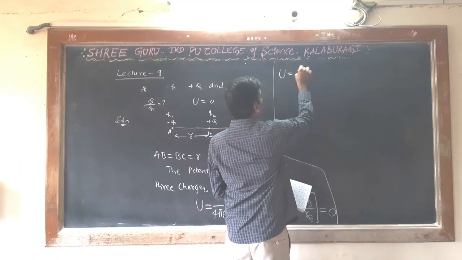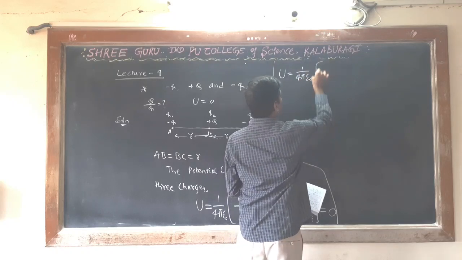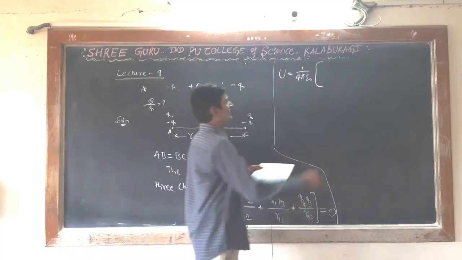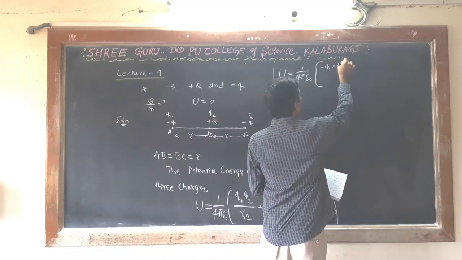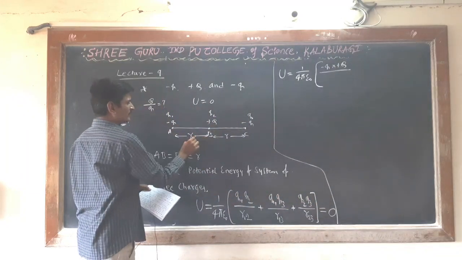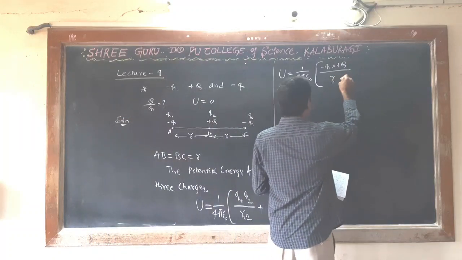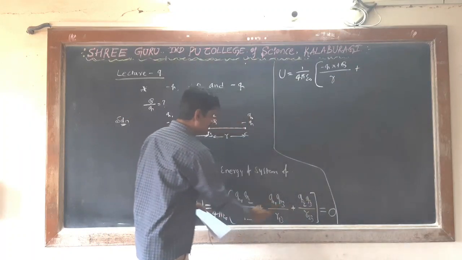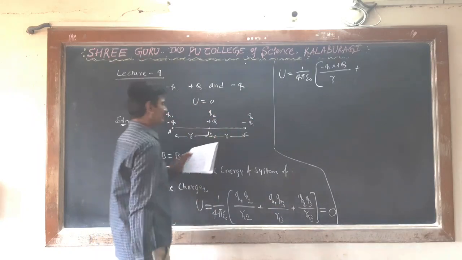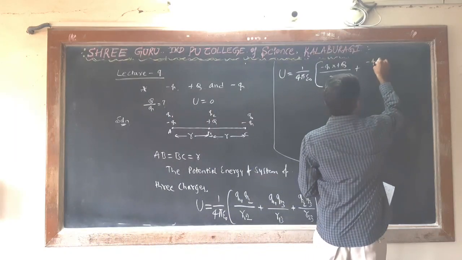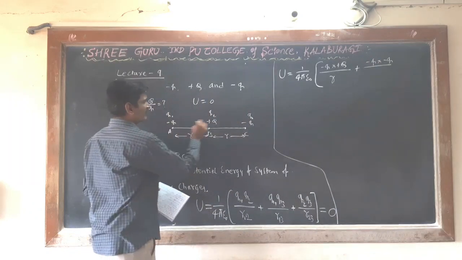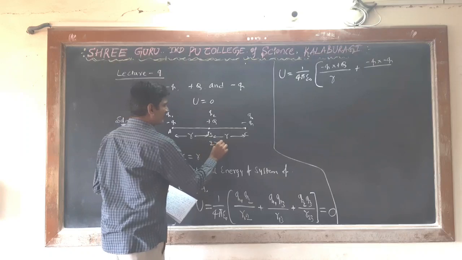So U is equal to 1 by 4 pi epsilon naught, Q1 Q2: Q1 is minus q, Q2 means plus Q. So it is minus q into plus capital Q divided by R12. Distance between minus q and plus Q is R. Plus Q1 Q3: minus q into minus q, and distance between minus q and minus q becomes 2R.